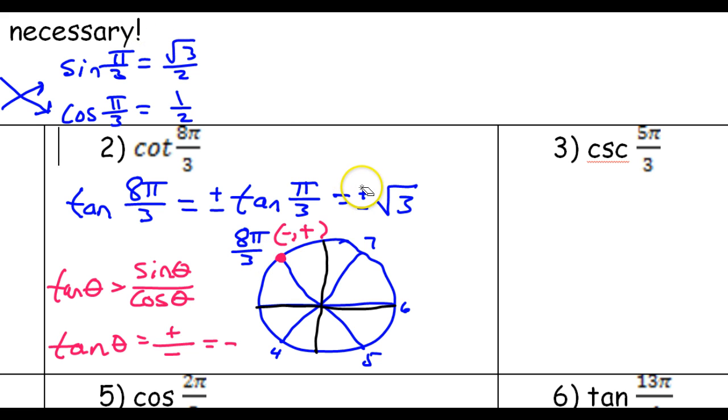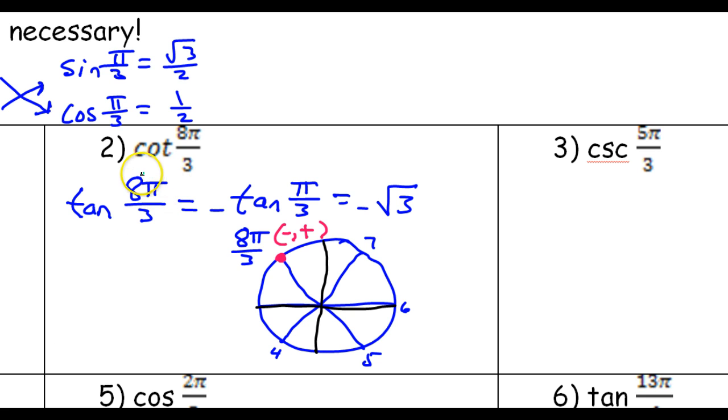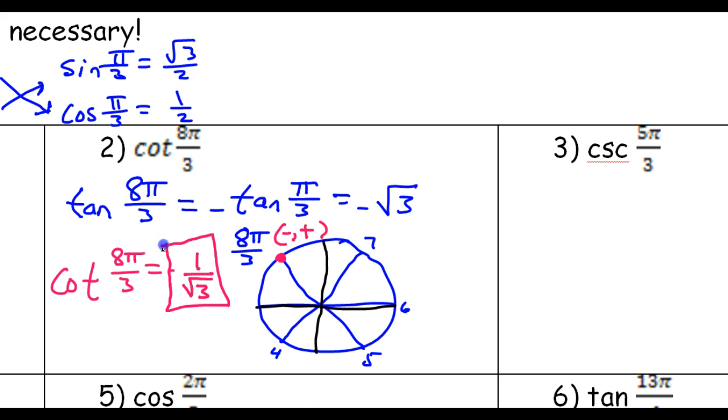So it's going to be negative radical 3. But that's not the final answer. We are supposed to find the cotangent. And the cotangent is the reciprocal. Alright, so the cotangent of 8 pi over 3 is going to be the reciprocal of this. So just put a 1 over it. So it'll be negative 1 over radical 3. And that is the final answer.